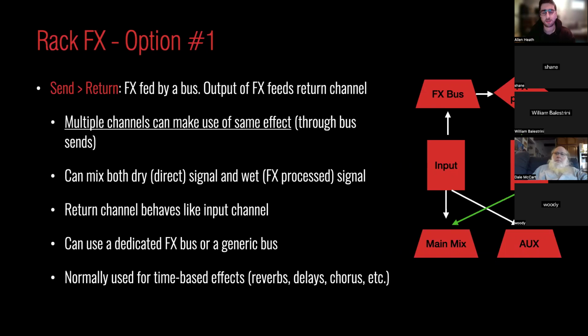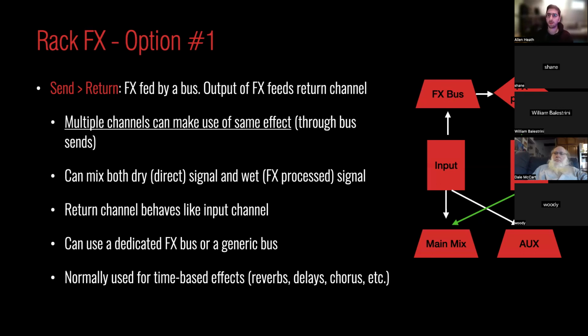Routing one effect into another. Yeah, you can absolutely do that. So like I said, the effects return channels behave just like input channels. If you wanted to route one effect into another, what I would do is send the input to the effects bus that corresponds with my reverb, for example, and then this effects return you could send into another effects bus that feeds a delay.